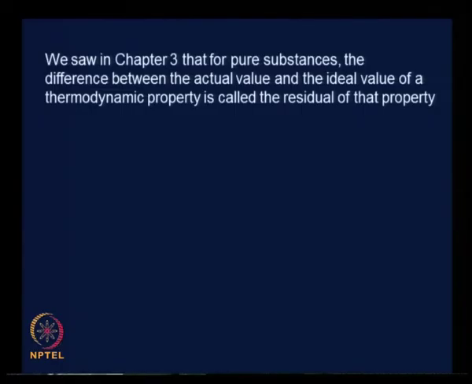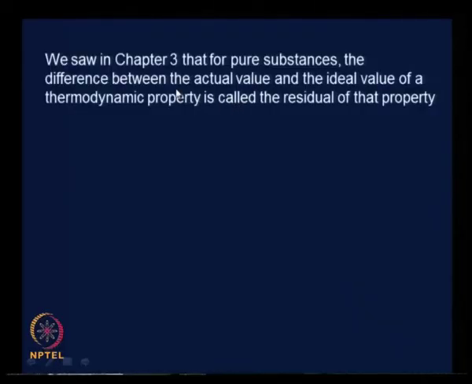To understand excess properties, let us review residual properties. To give out the secret, what residual properties were for pure substances, excess properties are for solutions. It is as simple as that. Here we saw in module 3 that the difference between the actual value and the ideal value of the thermodynamic property, any extensive thermodynamic property, is called the residual of that property.